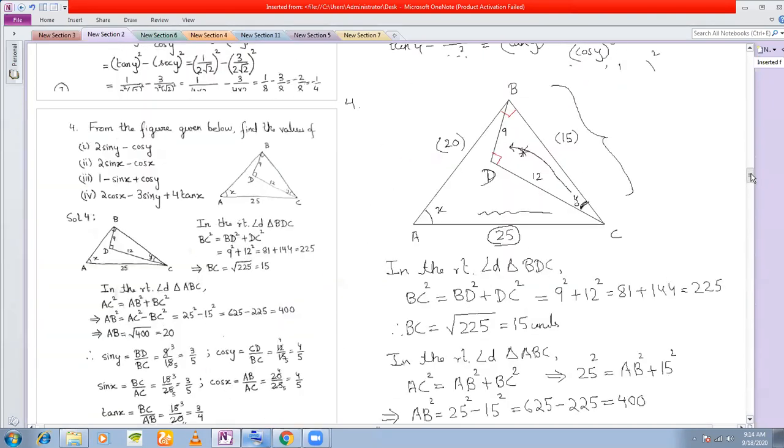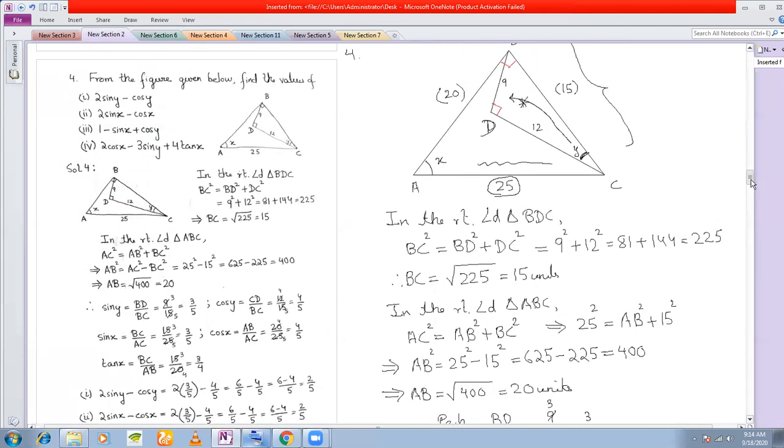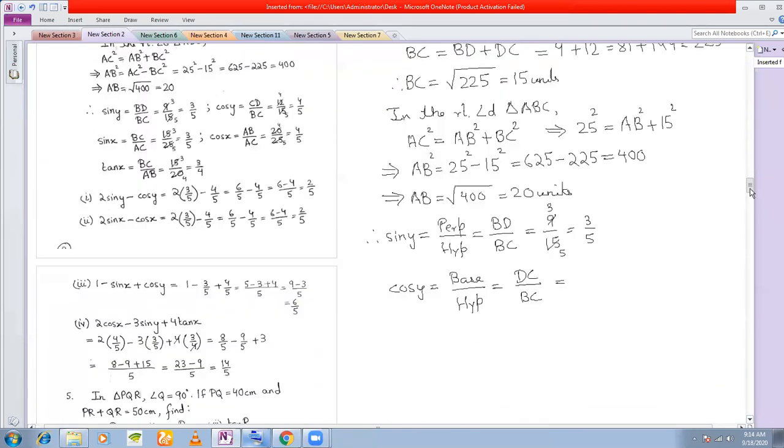And BC we know as our hypotenuse. So in place of hypotenuse we'll write BC, and the length of DC here is given to be 12. So this is 12 by BC, which we have already found out to be 15. So this ratio comes out to be 4 by 5. So we have sine y, cos y.